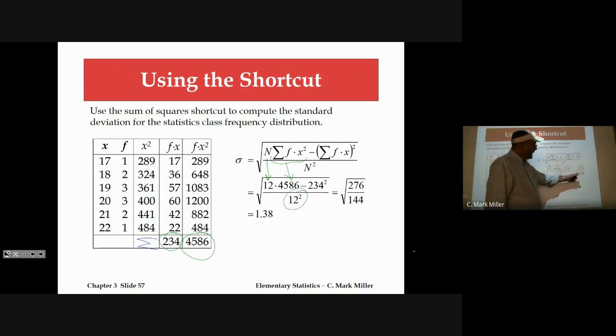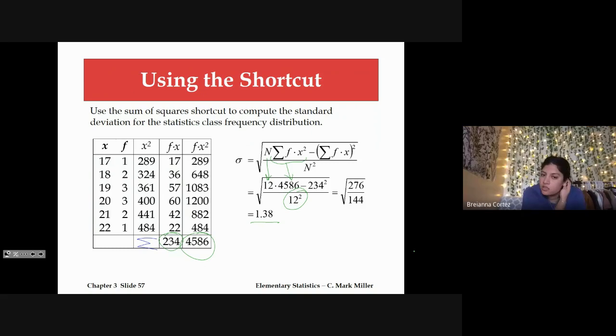It comes out to the square root of 276 over 144, which unsurprisingly is still 1.38. My only purpose in doing this exercise is to use the shortcut formula. You may like it better or not.